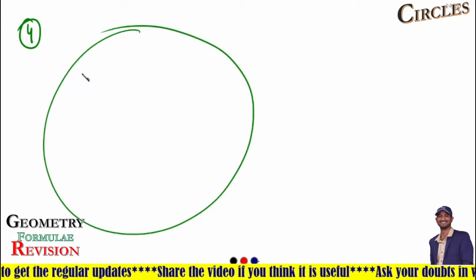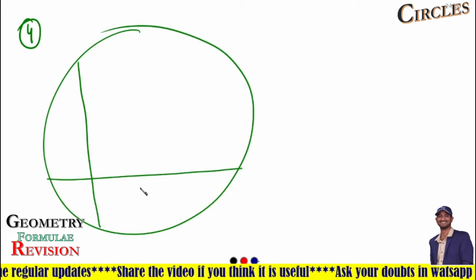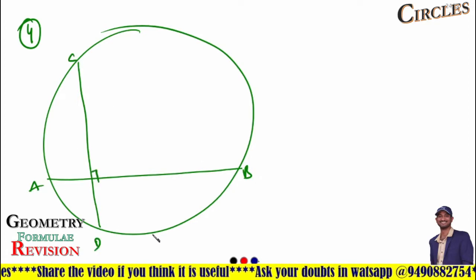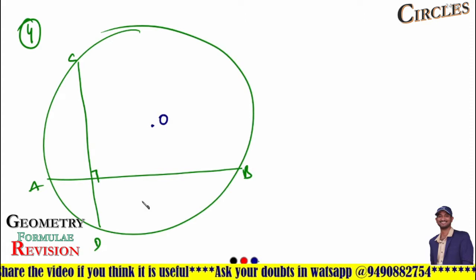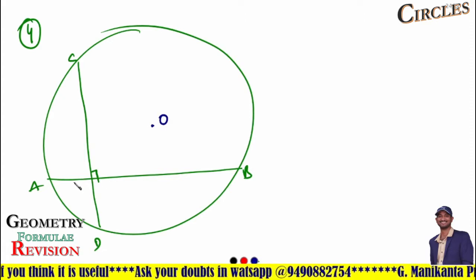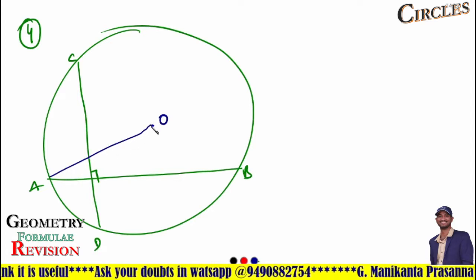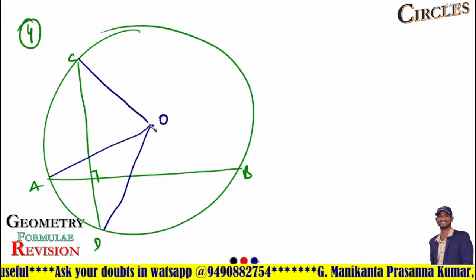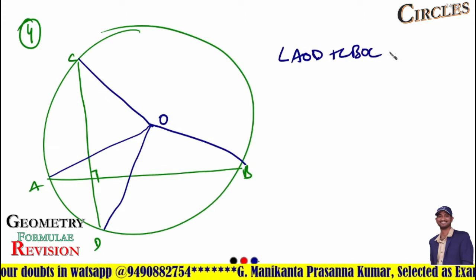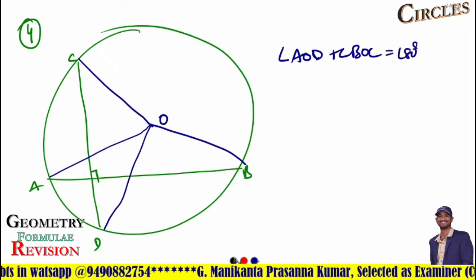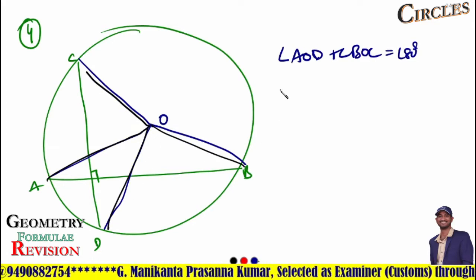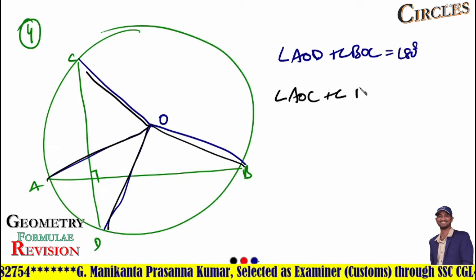Suppose AB and CD are two perpendicular chords like this, AB and CD intersect at 90 degrees. O is the center. Then angle AOD plus angle BOC is equal to 180 degrees, or angle AOC plus angle BOD equals 180 degrees.